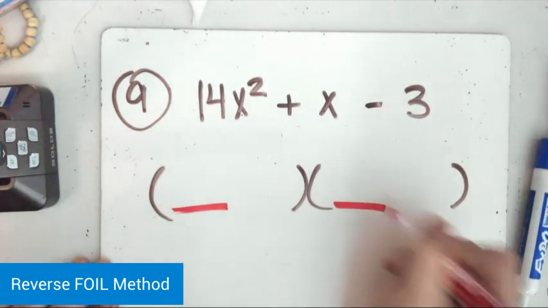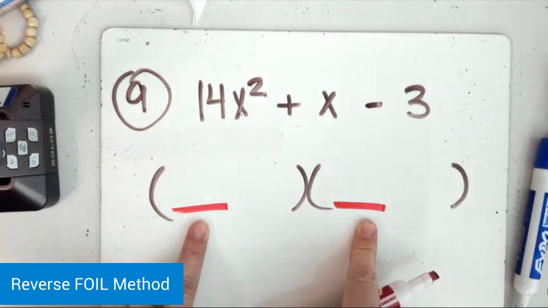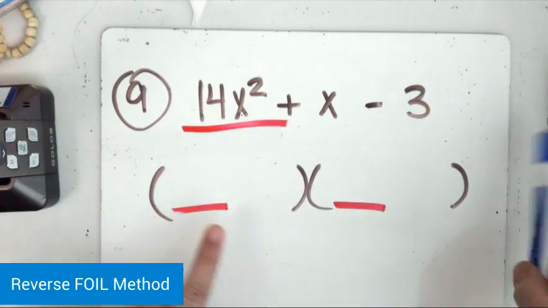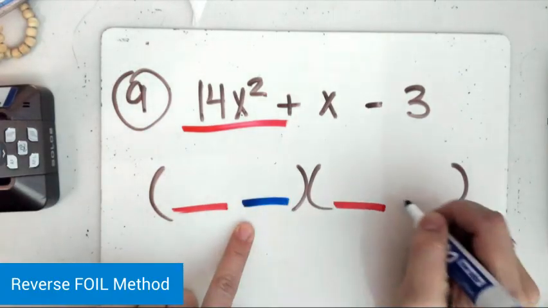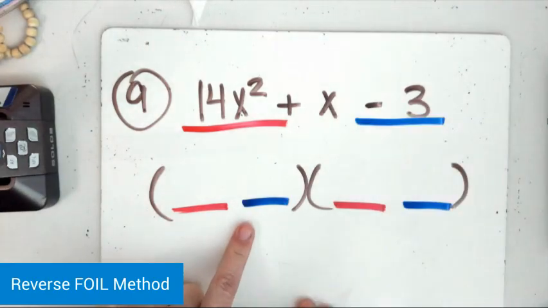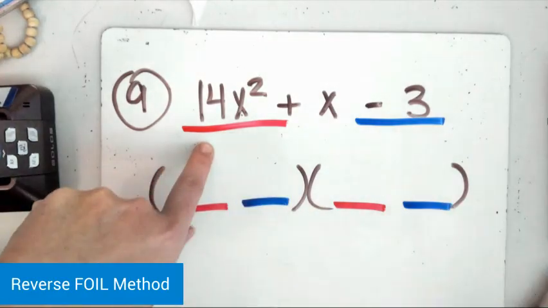First times the first is going to give you the first, last times the last is going to give you the last. One of them is prime. That's nice. All right. 14.